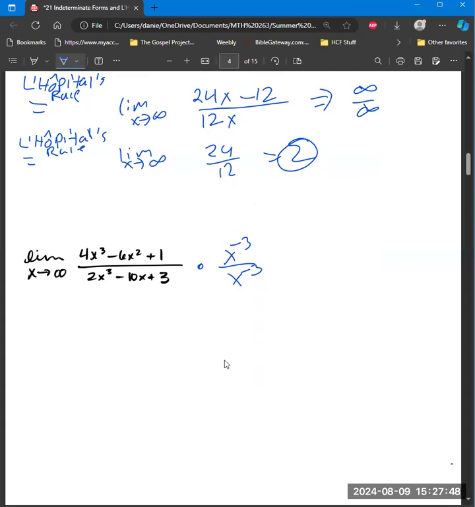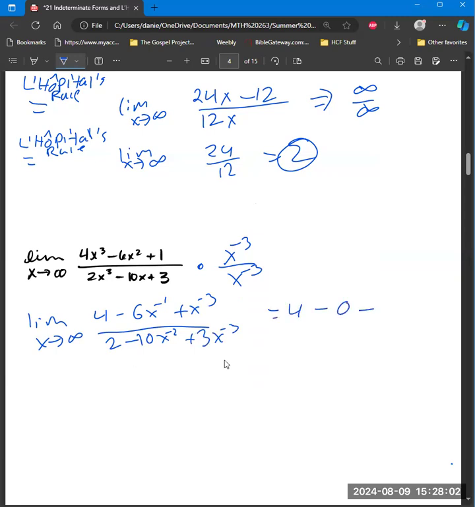We're going to say that we get the limit as x goes to infinity of 4 minus 6x to the negative first plus x to the negative third over 2 minus 10x to the negative second plus 3x to the negative third, which is 4 minus 0 plus 0 over 2 minus 0 plus 0, which is 4 over 2, which is 2. No L'Hopital's rule required there.